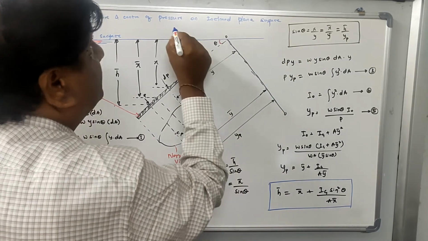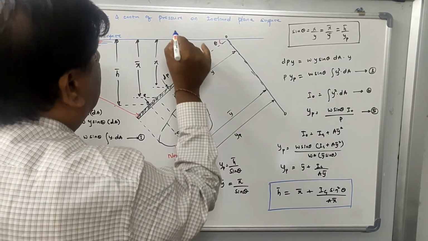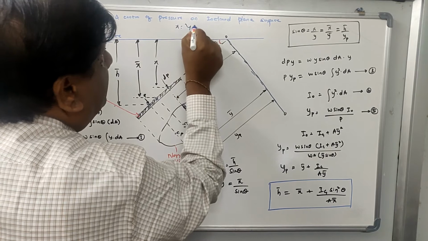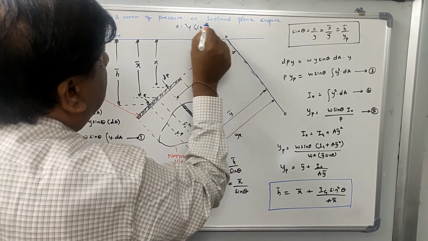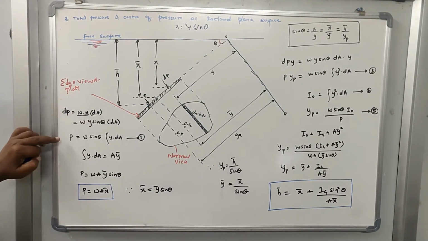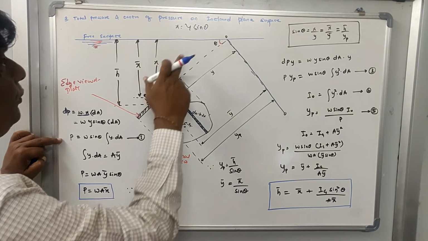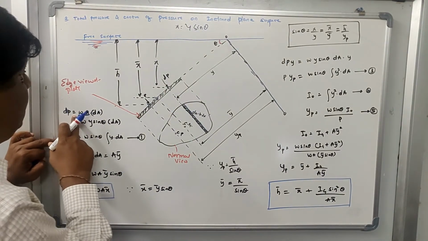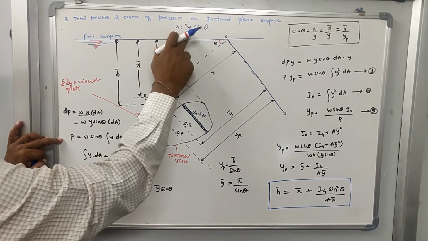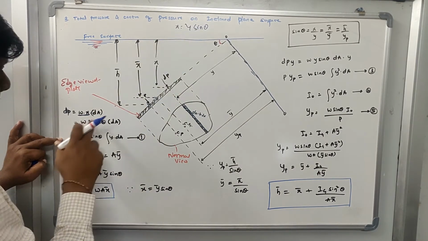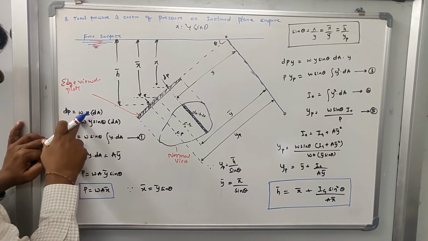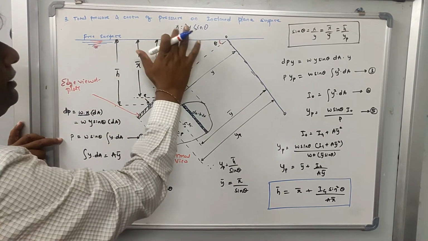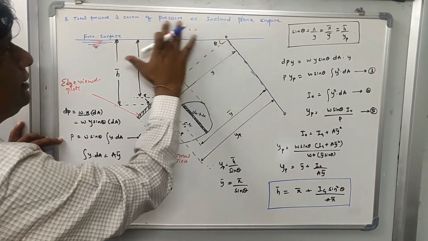Therefore x is equal to y sin theta. So substitute x is equal to y sin theta in this equation.